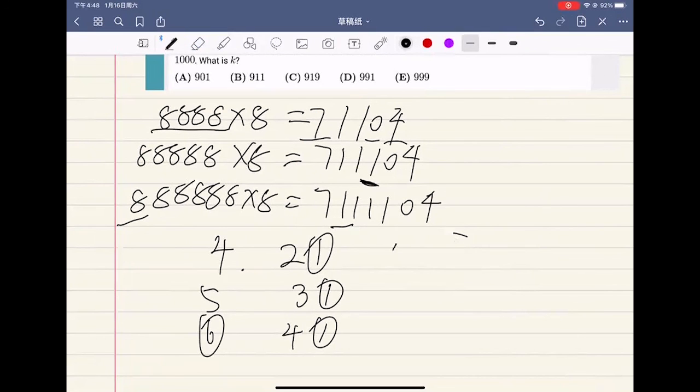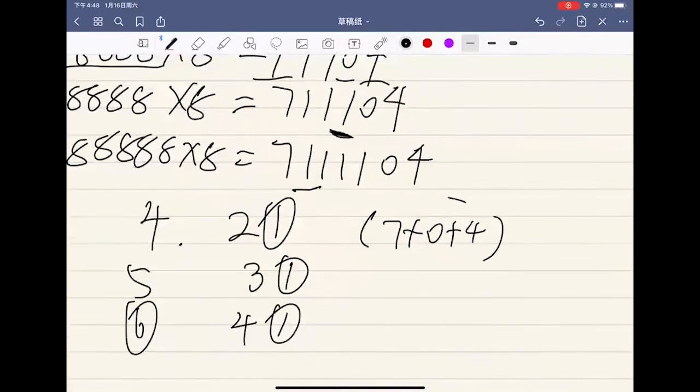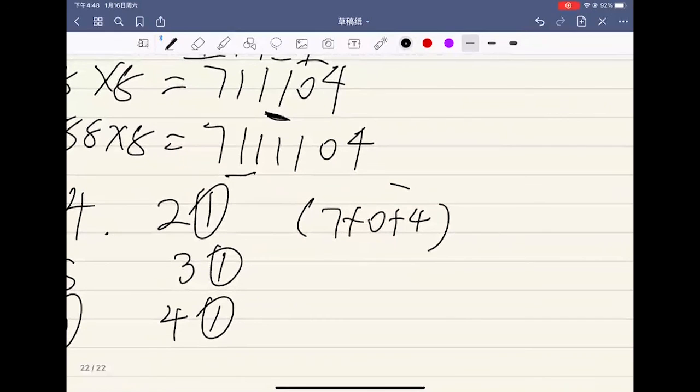Let me rewrite that. Is the answer D? Let me check. Let's do that together first. So 7 plus 0 plus 4, plus 1 times how many digits, minus 2 multiply 1, and that equals 1,000.